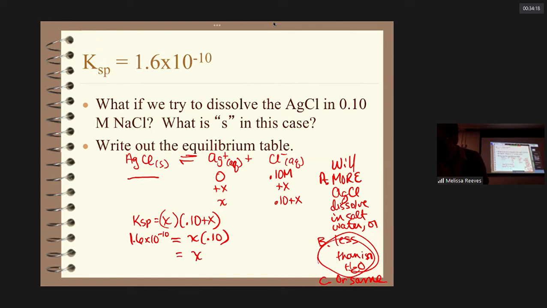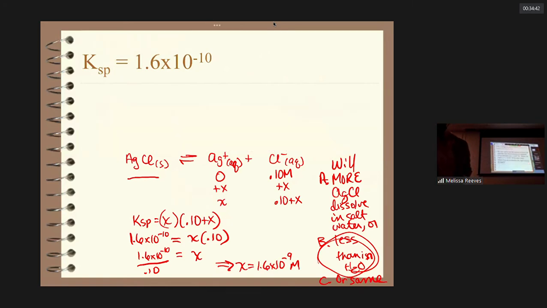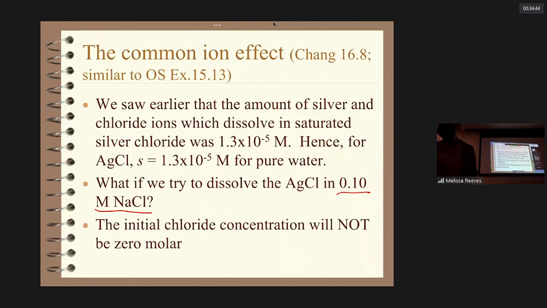Which means that x is 1.6 times 10 to the minus 10 over 0.10, because I divided both sides by 0.1. And when I do that, I get that x is 1.6 times 10 to the minus 9 moles per liter. Oop. 1.3 times 10 to the minus 5.